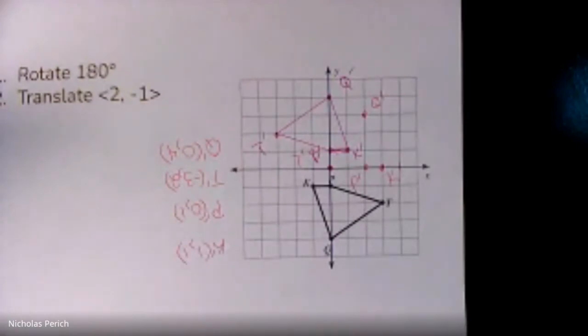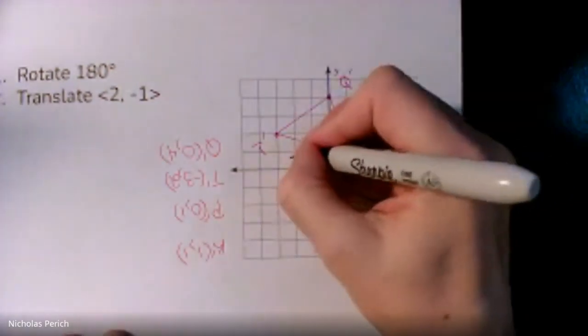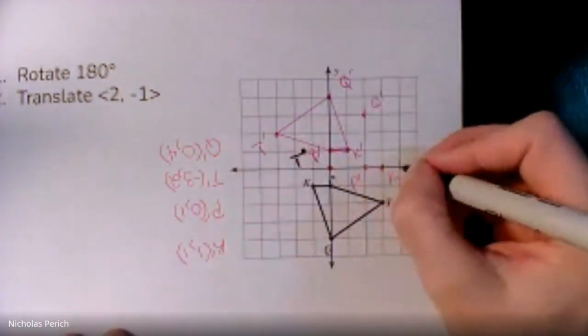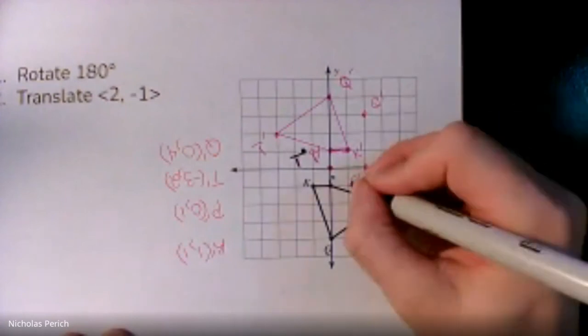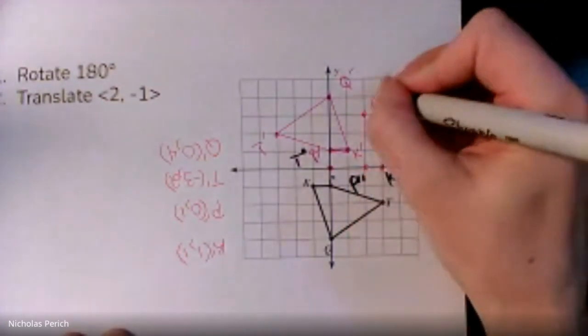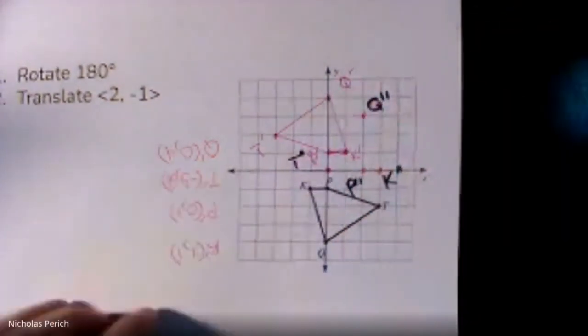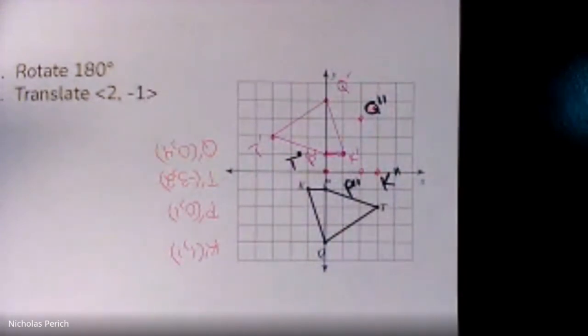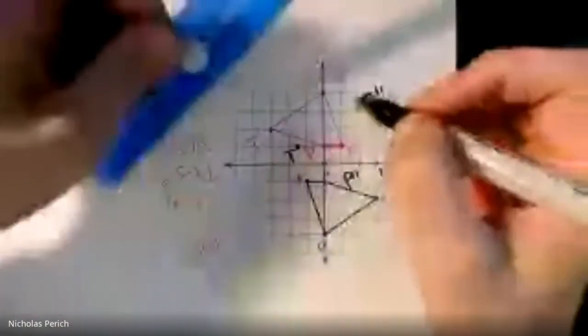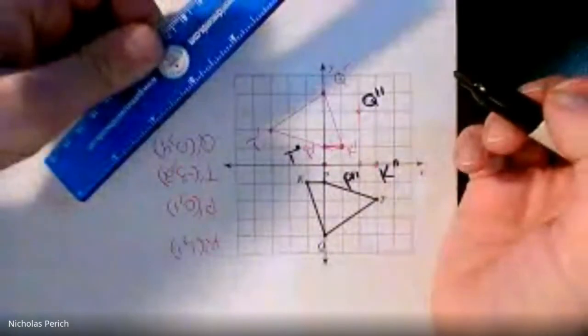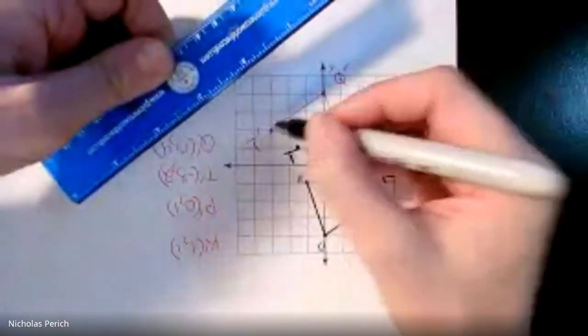And since I did red on top of magenta, it's not a good looking picture. It's actually T double prime, and it's actually K double prime, and it's actually P double prime, and it's actually Q double prime. What was T supposed to be? Right 2 down 1.